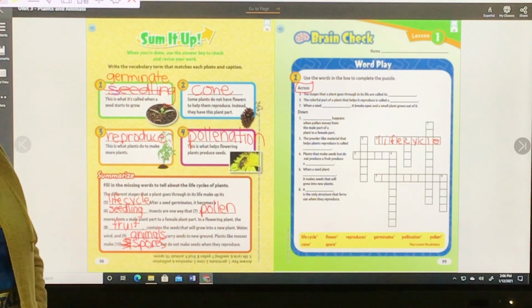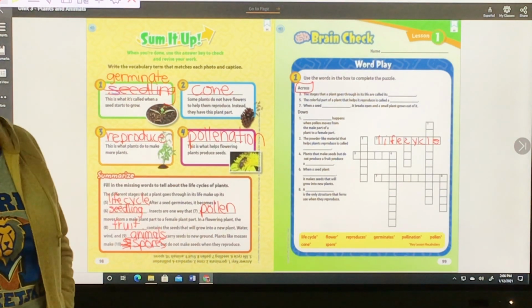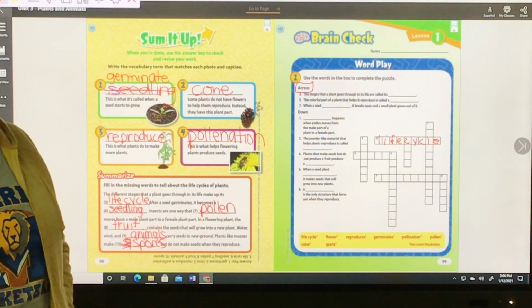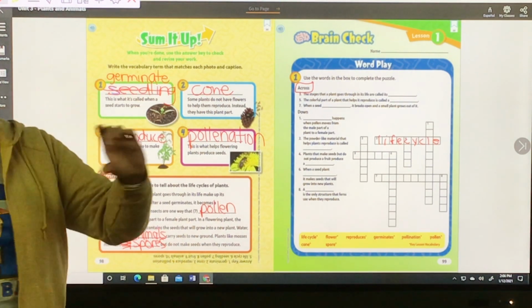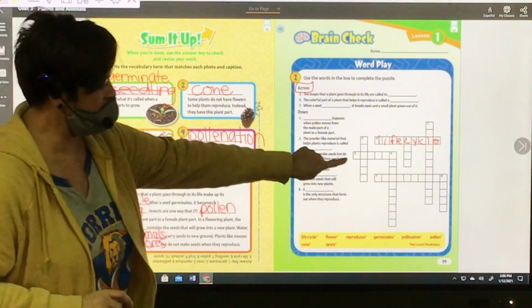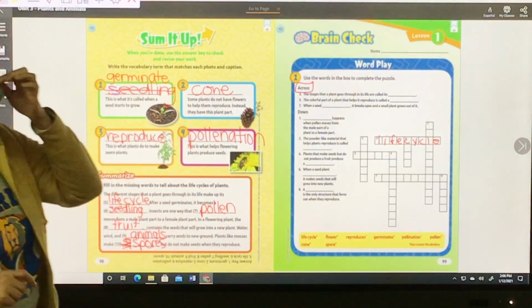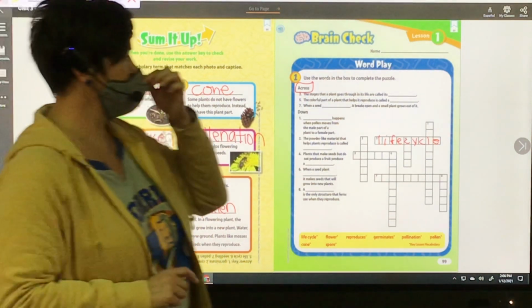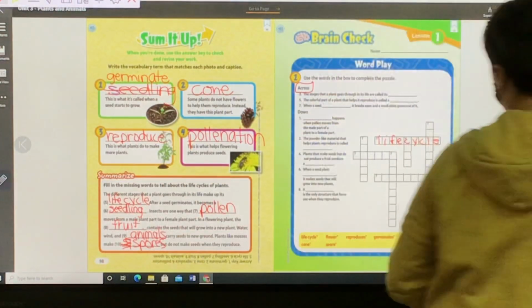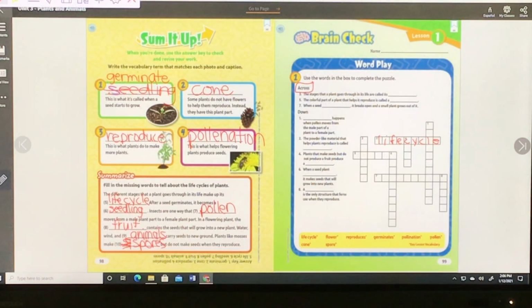Find 5 across in the crossword puzzle. Do you see where those boxes are for 5 across? Am I in the right spot? Yes. Okay. So the colorful part of a plant that helps it reproduce is called a what? Can you look back?